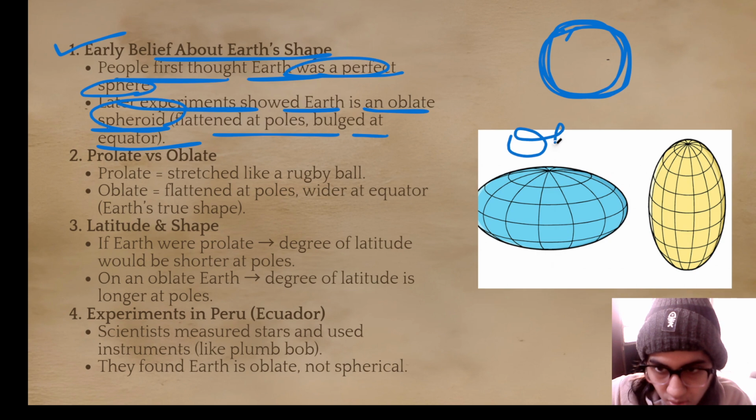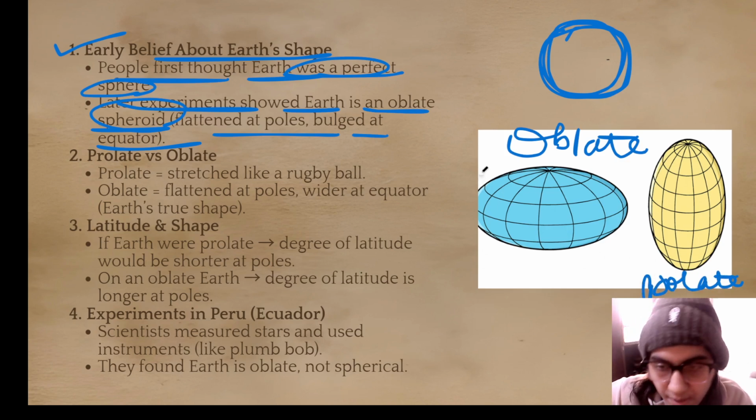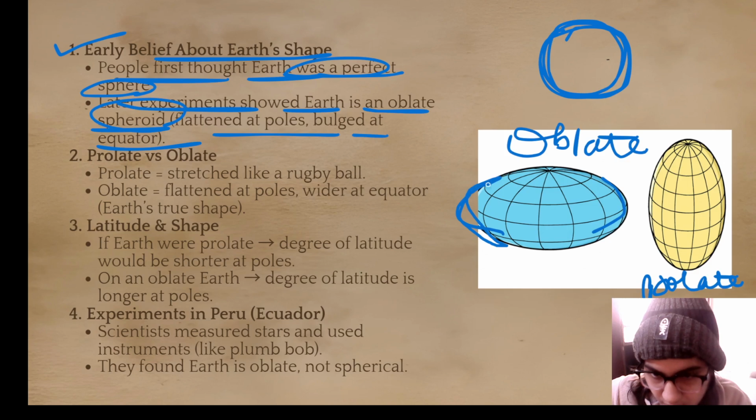This is called oblate, and this shape is called prolate. We can see this bulge at the equator. This outward structure is called the bulge at the equator.